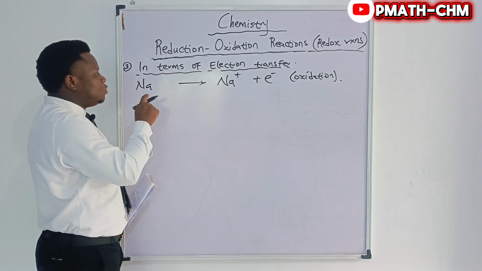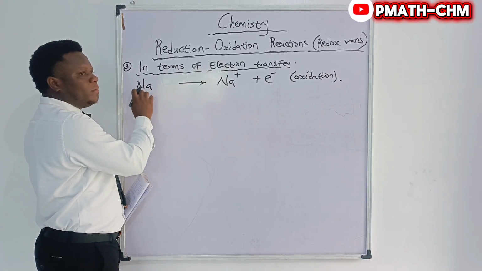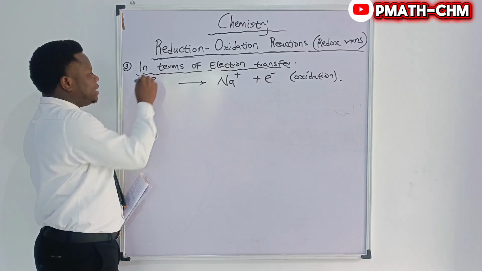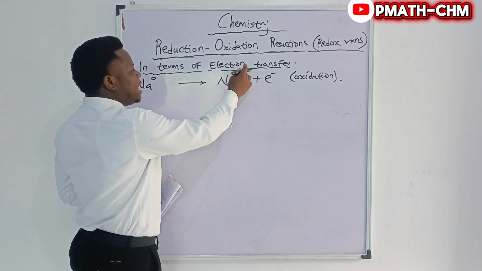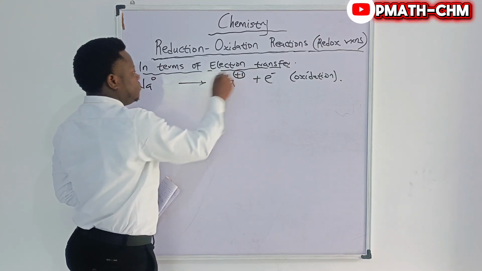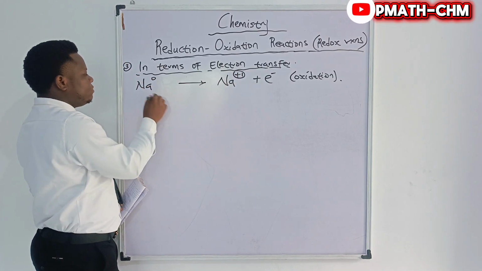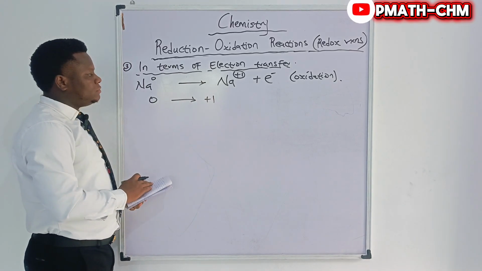And you would understand now that the oxidation number of the sodium atom in the neutral state is 0. But in the product side, we now have a charge of +1. So from 0 to +1, that is an increment.